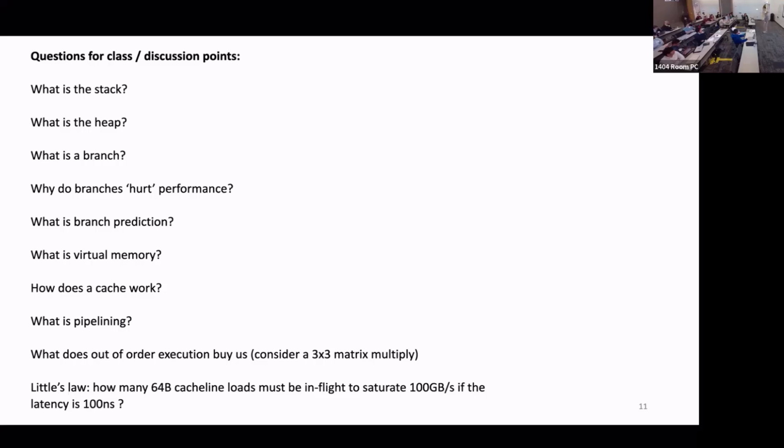Why do people try to predict branches? Or why do chips try to predict branches? I try to avoid them because they hurt performance, but I guess the question is, why do they hurt performance? Well, you have to move your pointer all sorts of different ways, and your compiler has to keep different options in memory.